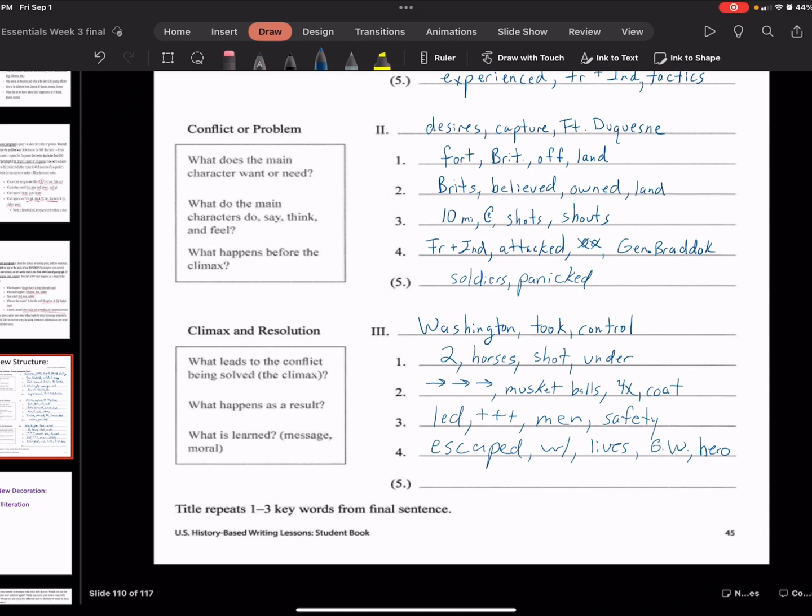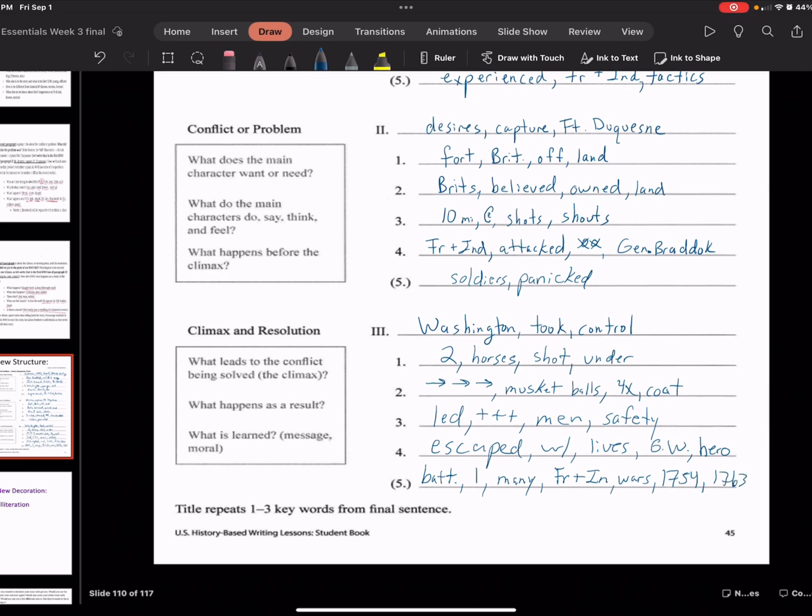So you could say battle, one of many of the French and Indian Wars, 1754, 1763.